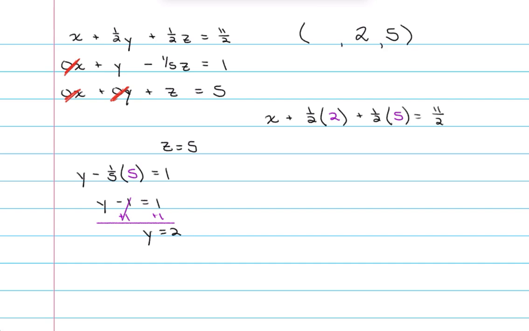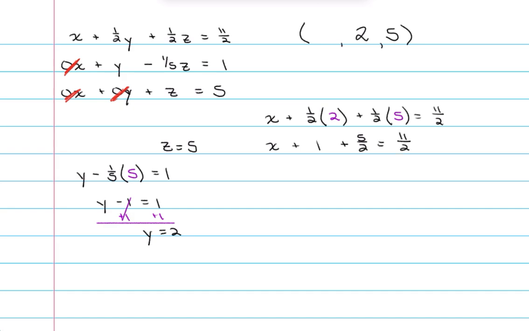Okay, I'm going to clean all this up, so I end up with x plus 1/2 times 2 is plus 1, 1/2 times 5 is a plus 5 halves, and that equals 11 halves.